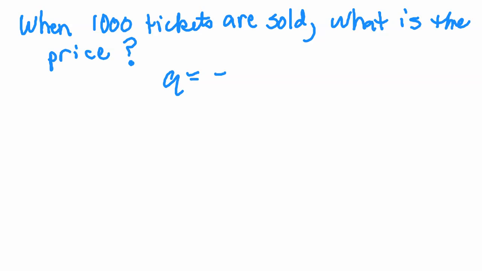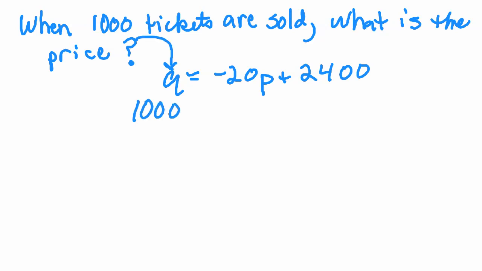So again, we start out with our line equation, and we have 1,000 for our quantity. So this time 1,000 goes in for the Q, and we're trying to find the price. This is going to take just a little bit of algebra. If you remember algebra, you have to get P by itself.